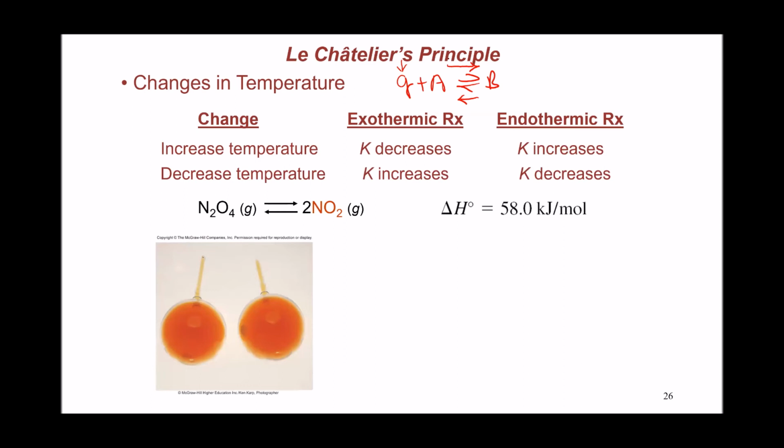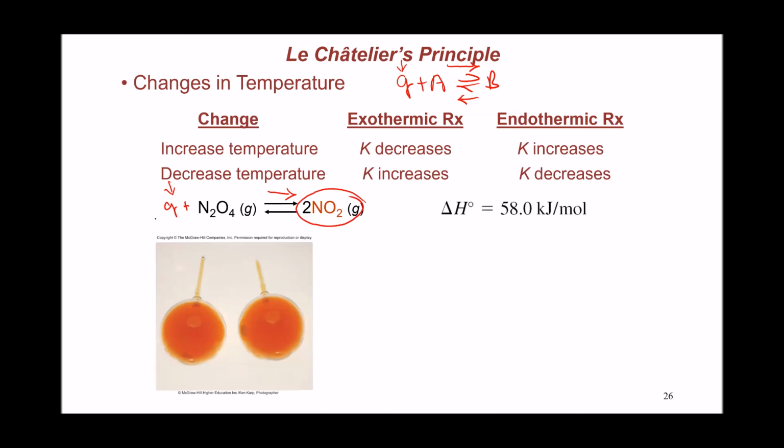So that's an example of an endothermic reaction. You basically have to add that amount of energy here. So when you increase the temperature, you're adding heat to this side, so it's going to cause the reaction to go in this direction and have more nitrogen dioxide in the medium.